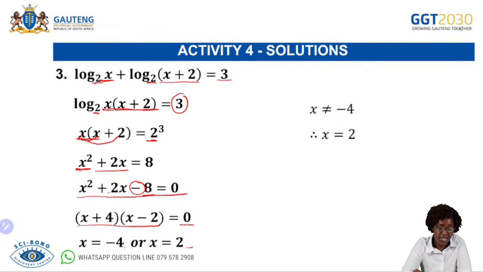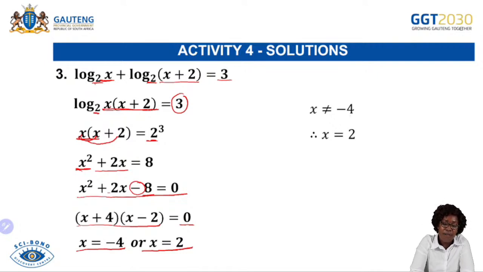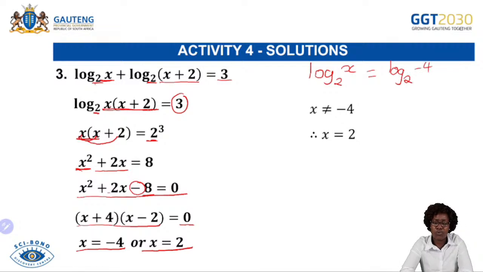Now if you check the solutions again with the calculator, remember you always need to do this when you're solving equations with logs. If you substitute negative 4, let us take log of x to base 2. If I substitute x equal to negative 4, this becomes log of negative 4 to base 2.